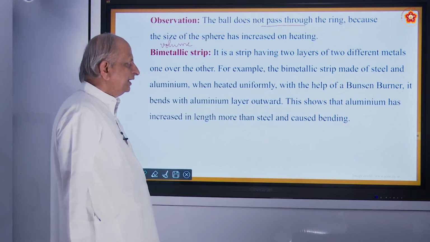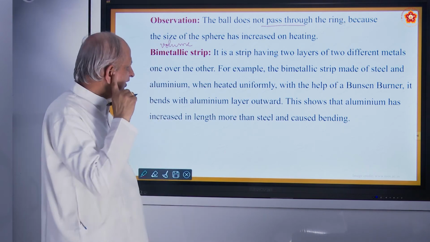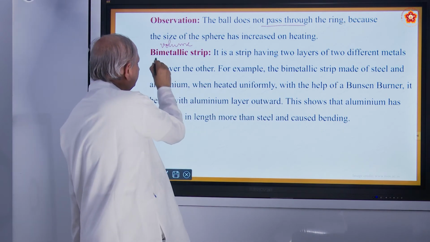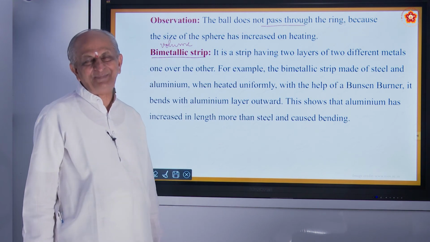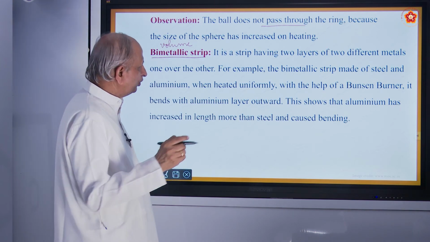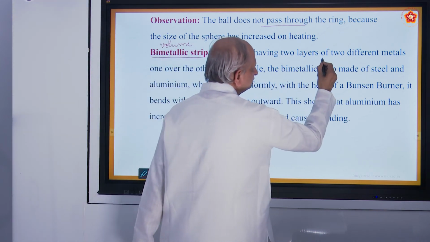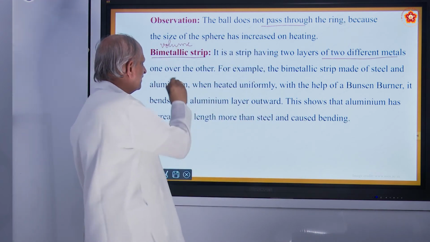Okay. And similarly, you have another kind of substance called a bimetallic strip. As the word itself says, bi. What do you mean? Bi means what? Two. Here there will be two layers of metals. Two different metals are kept, one over the other.